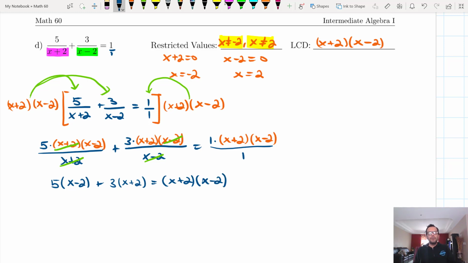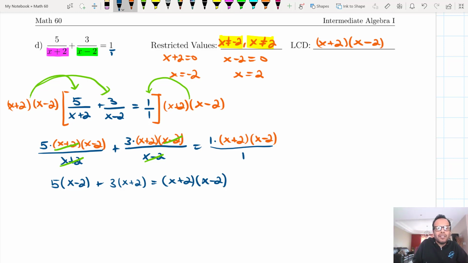All right, so at this point, notice no denominators remain in the equation, and that's actually the main purpose of finding the correct least common denominator: to turn an ugly looking equation that has denominators into a nicer looking equation that no longer has denominators.